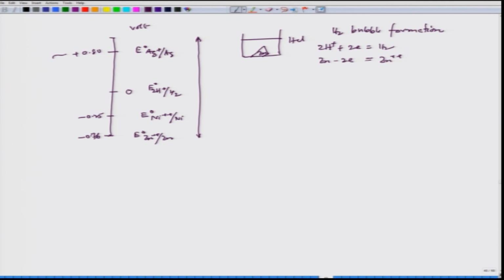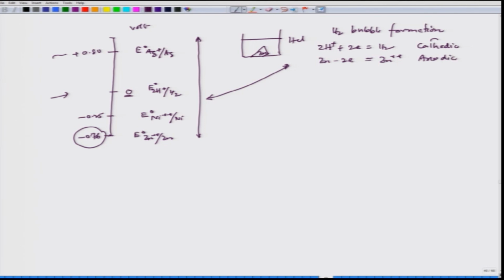Now let us see if there is any correlation between these reactions and the distribution of standard reduction potentials on this plot. This 0 value is lying above minus 0.76 volt, and here this is cathodic and this is anodic.